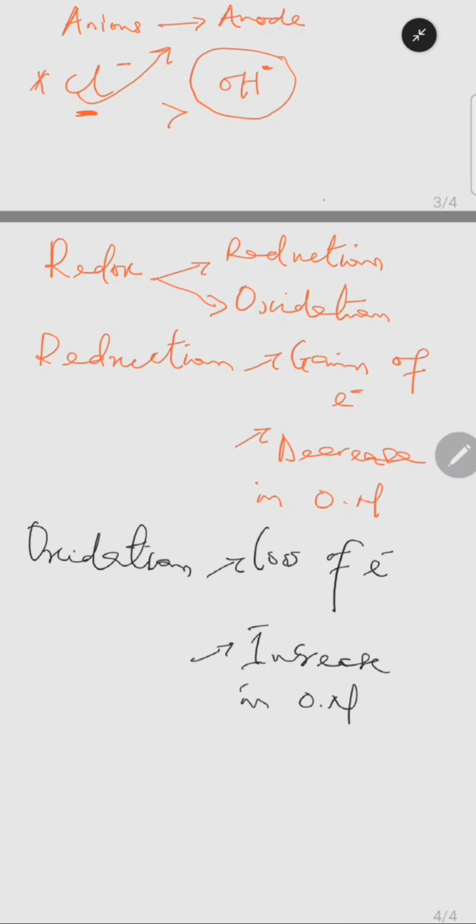Now, reduction takes place at the cathode, while oxidation takes place at the anode.